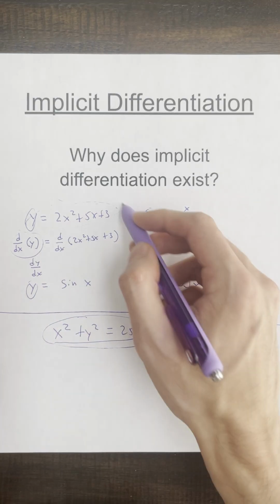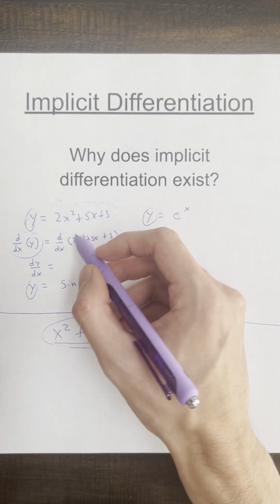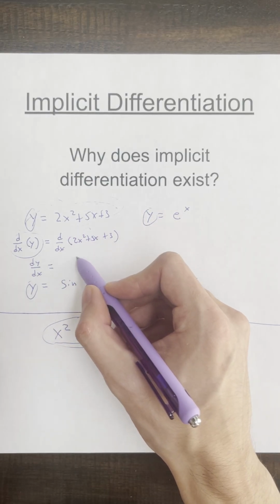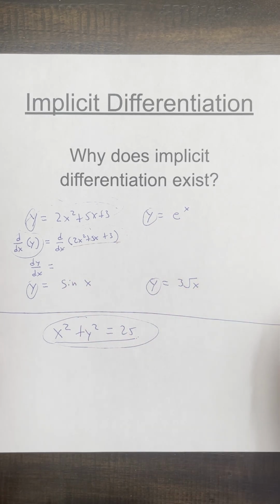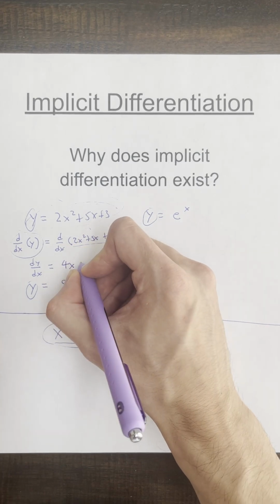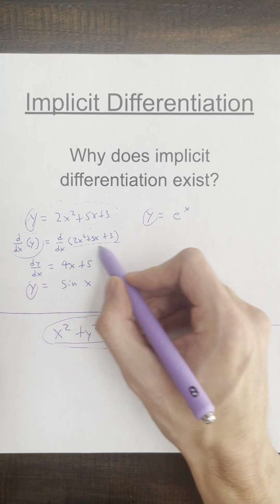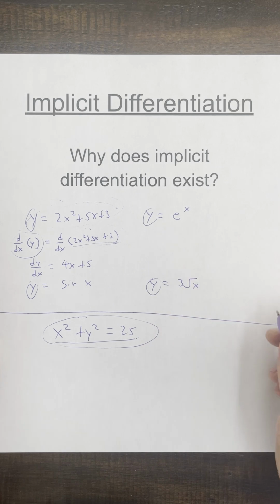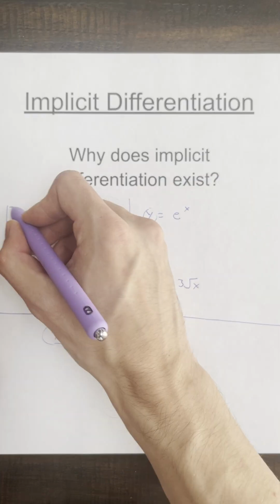Right, when we take the derivative, we get dy dx. And then if we're going to take the derivative with respect to x here, what's this going to turn into? It's going to be 4x plus 5. Now, if you need a refresher on how to do these, I have a video on that. Okay, so that's how to solve these.